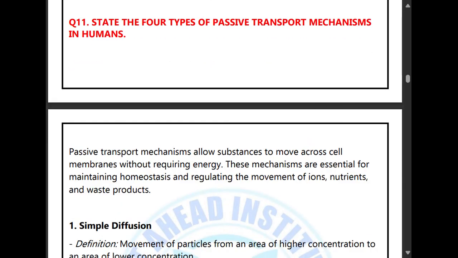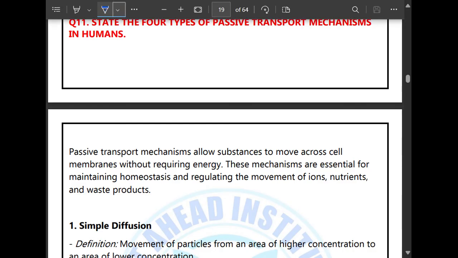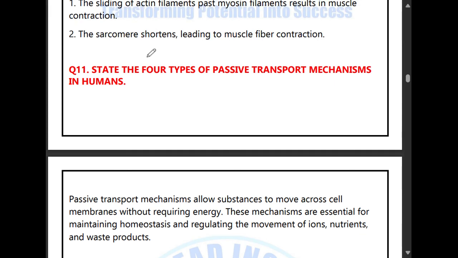We'll start from question number 11. Question number 11 is from cellular physiology, specifically transport across the cell membrane.